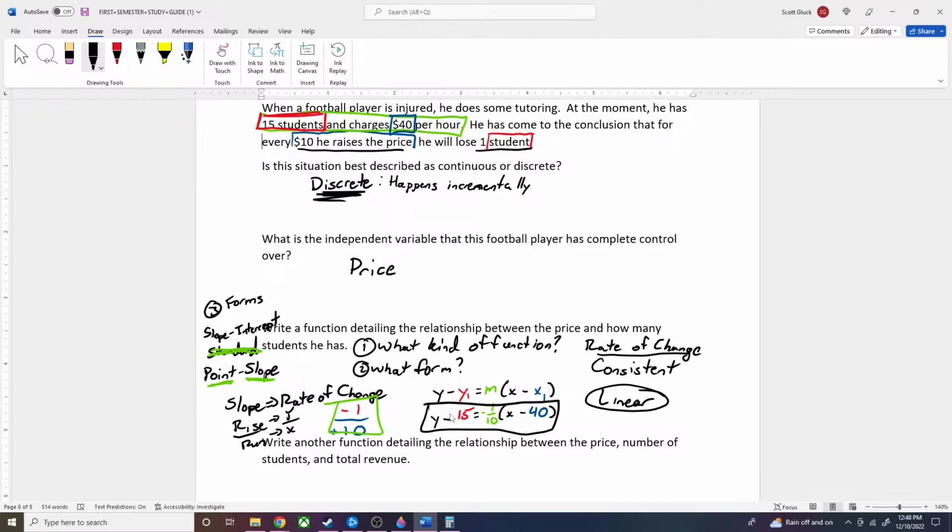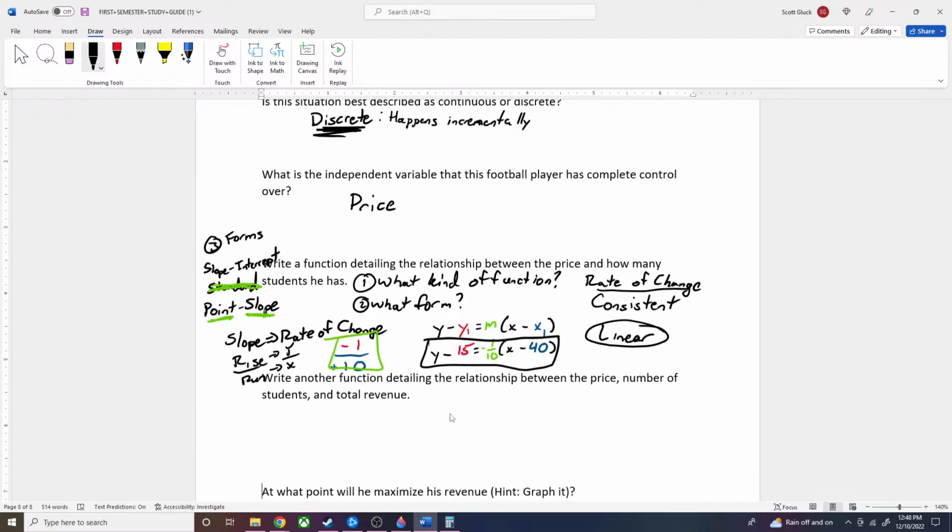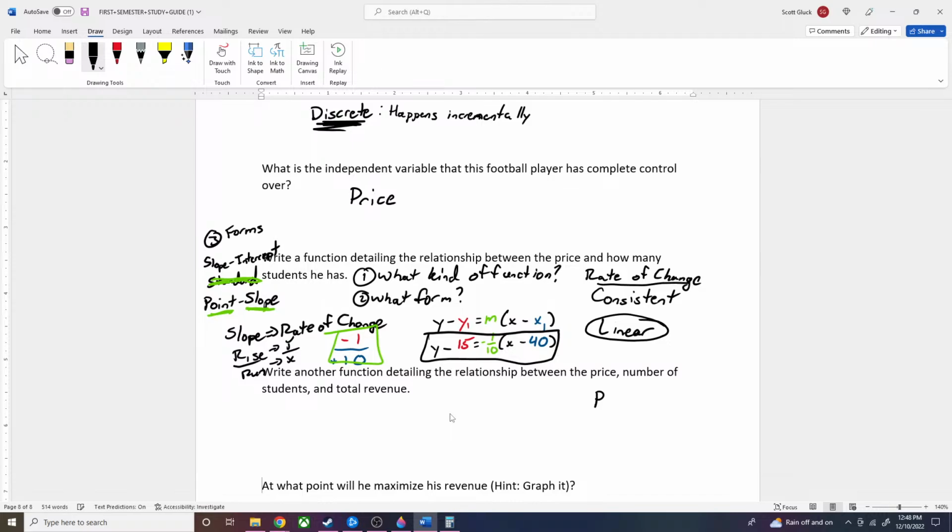Write another function detailing the relationship between the price, the number of students, and the total revenue. Now, the way I've worked this out, your basic revenue works. And remember that revenue is calculated, the price times the number of sales, or in this case, the number of students, equals your revenue.